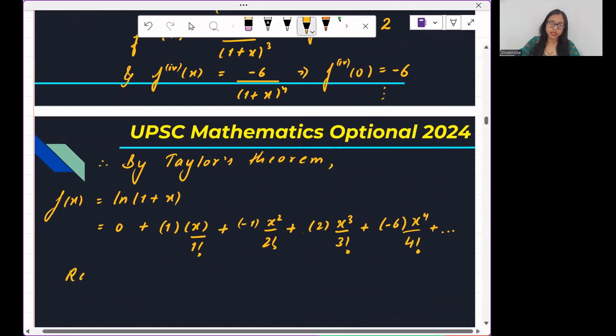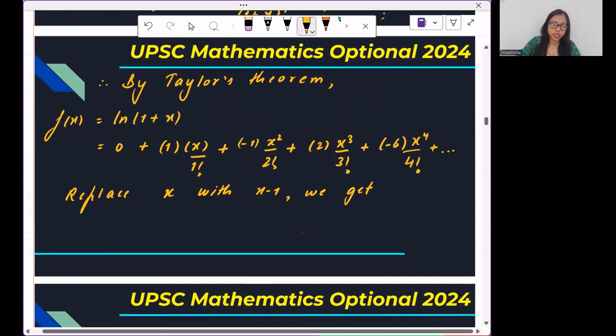Now replace x with x minus 1. We get ln of, here if I replace this x by x minus 1, so this plus 1 and minus 1 cancels and I'll get log of x.